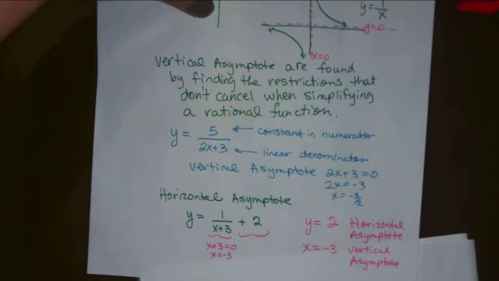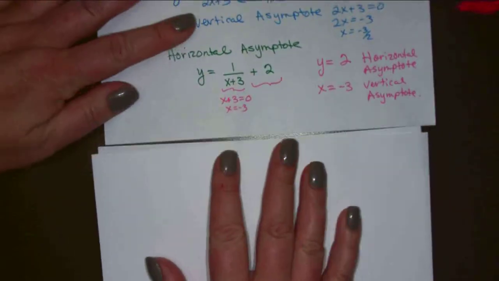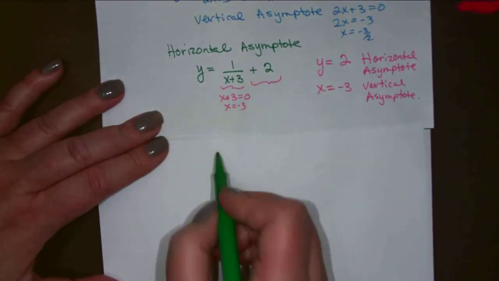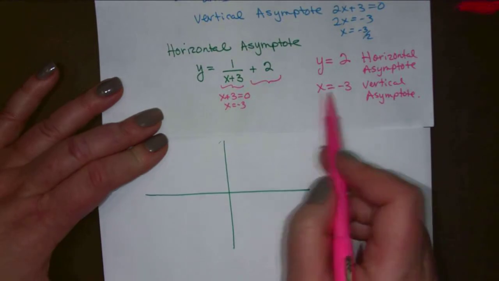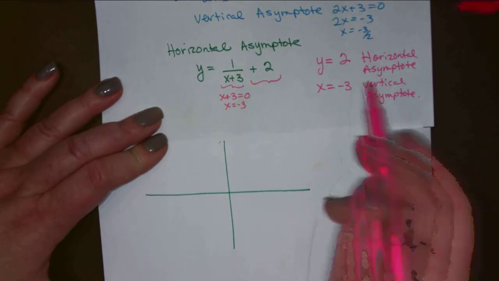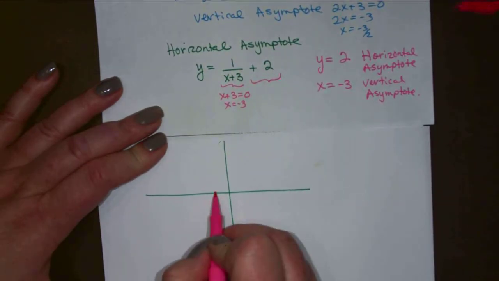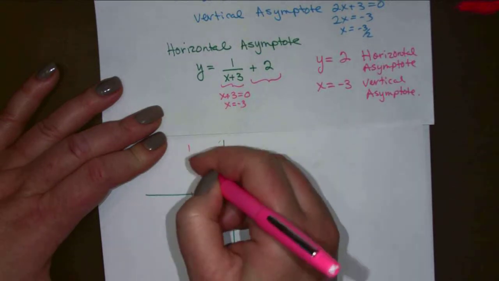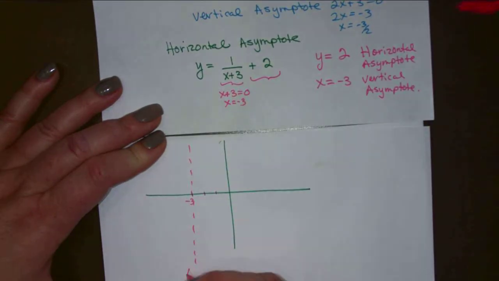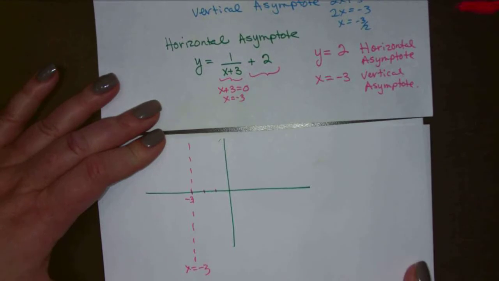So you draw the asymptotes first. So x equals -3 is a vertical, so it goes through. If you put -3 for your x, it has to go through that point. X equals -3, that's a vertical line.